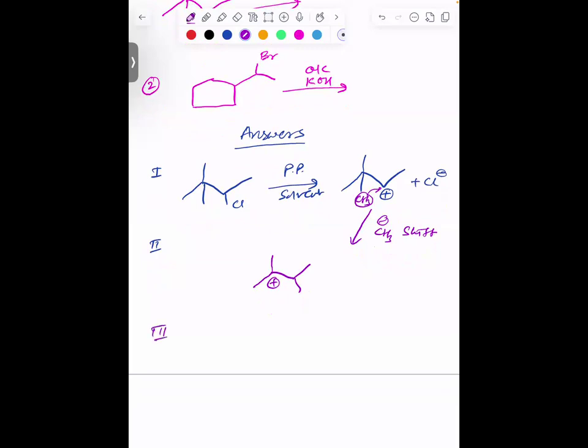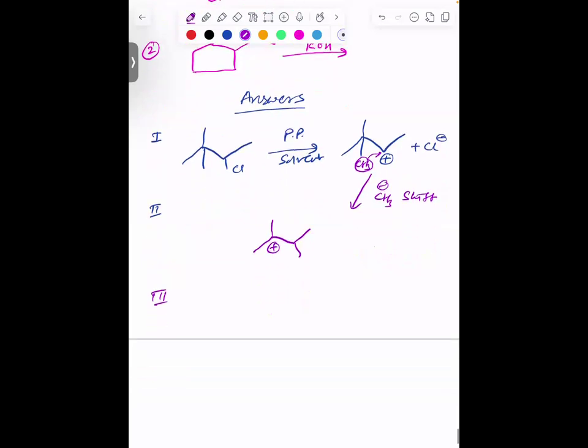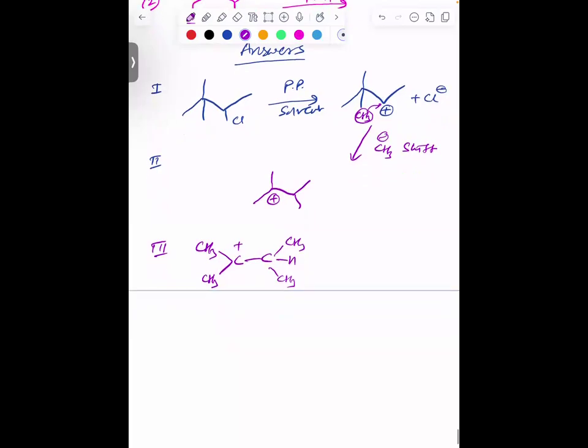Then third step, release of hydrogen. Now the hydrogen can be released from the left side or from the right side.